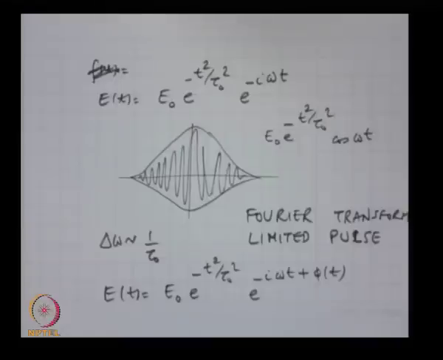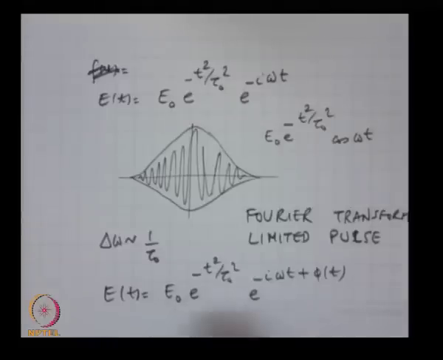Delta omega into tau naught is greater than or equal to 1. It is not always equal to 1. I cannot have less than 1. So all it means, this pulse has the same width, but has a spectrum which is much broader.